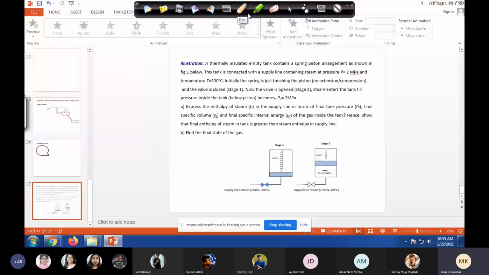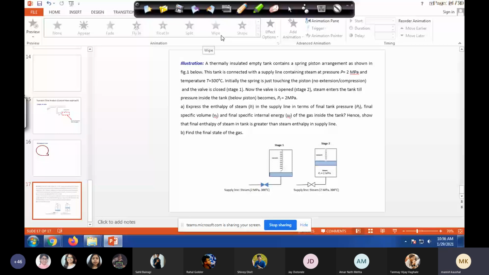Then we'll close this topic, because we have seen problems from control mass and control volume. We have seen simpler problems using the rate equation, like in the refrigerator we solved the compressor, the isenthalpic process. These are just formula fitting things. The two important problems which we have seen are charging of a tank through both approaches, control mass and control volume. What is remaining is discharging of a tank. That we'll also discuss in the next class, and this problem.